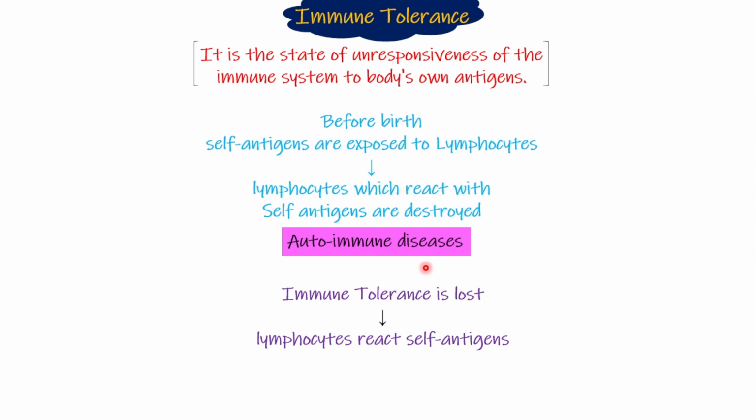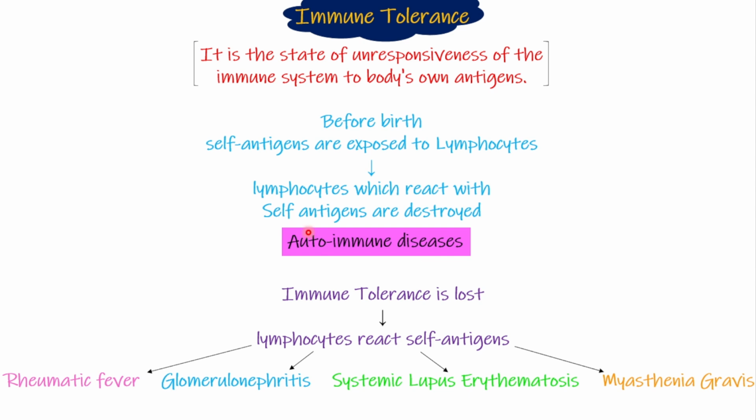Now, this is a crazy disease. There are many examples given in Guyton, which are rheumatic fever, glomerulonephritis, systemic lupus erythematosus, and myasthenia gravis. In rheumatic fever, the immune system attacks the heart. In glomerulonephritis, the immune system attacks the kidneys.